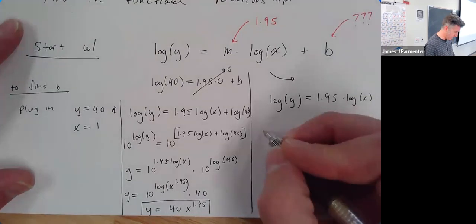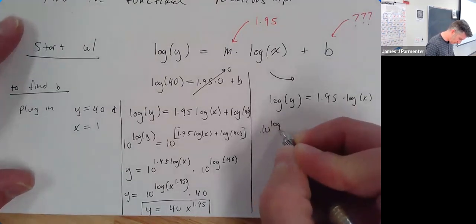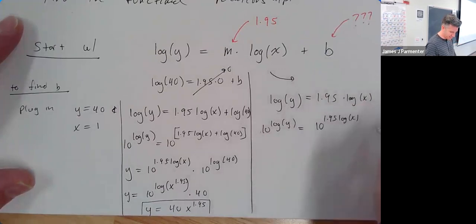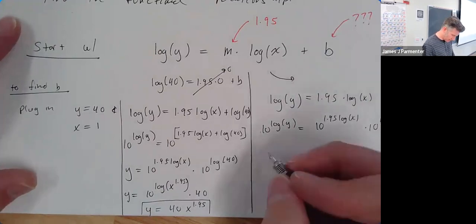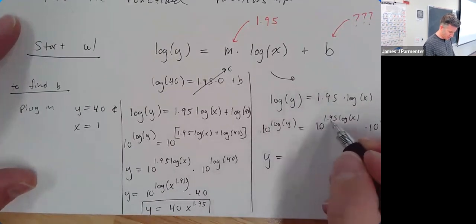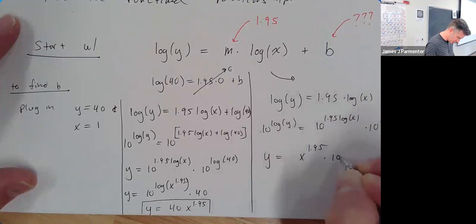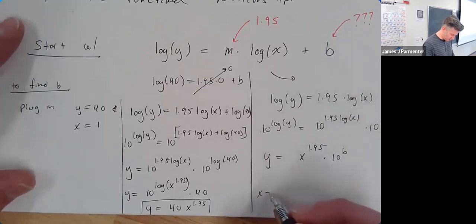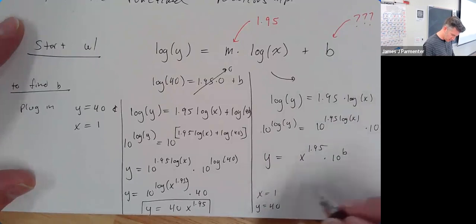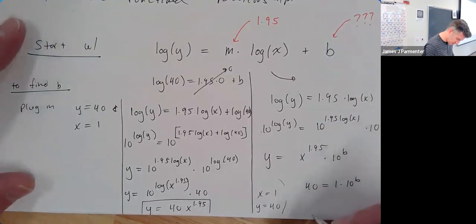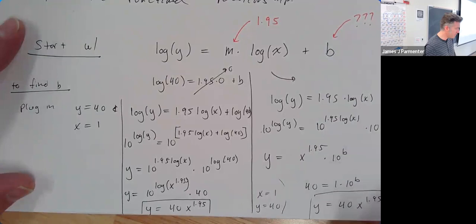So 10 to both sides, or 10 to the log of Y equals 10 to the 1.95 log of X times 10 to the B. And then 10 to the log of Y is just Y, and 10 to the 1.95 log of X is just X to the 1.95 times 10 to the B. And now when I plug in X equal to 1, I get Y equal to 40. So I've got 40 equal to 1 times 10 to the B. Well, 10 to the B better be 40. So I definitely get Y equal to 40 times X to the 1.95. I didn't even really ever find that B was the log of 40. I didn't have to.